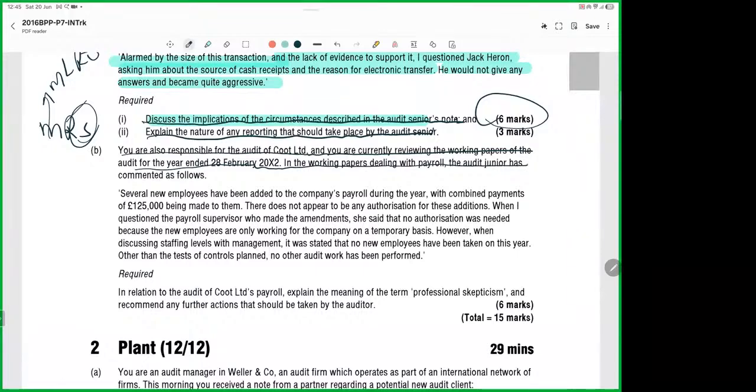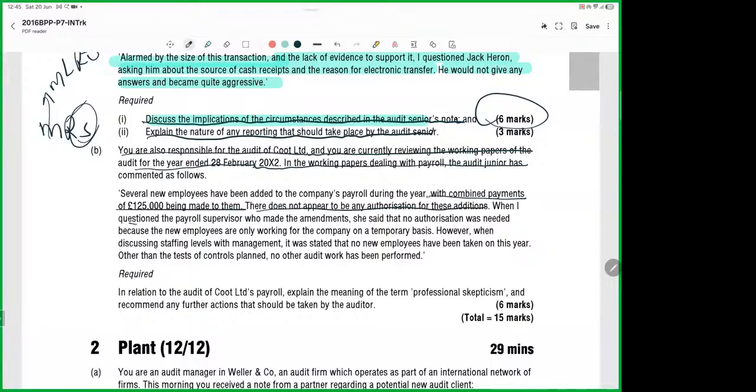Several new employees have been added to the company's payroll during the year, with combined payments of 125,000 being made to several of them. There does not appear to be any authorization for the addition of these employees to the payroll.